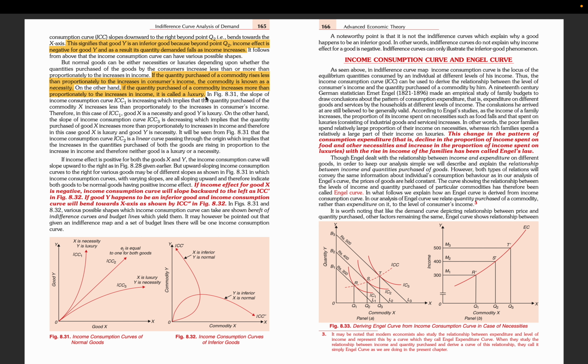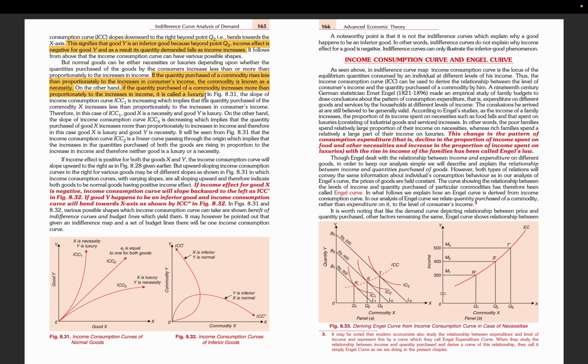The slope of the income consumption curve ICC1 is increasing, which implies that the quantity purchased of commodity X increases less than proportionately to the increase in consumer's income. Therefore, in this case, ICC1, good X is a necessity and good Y is a luxury. Why could a necessity increase less than proportionately? Because it was a necessity.